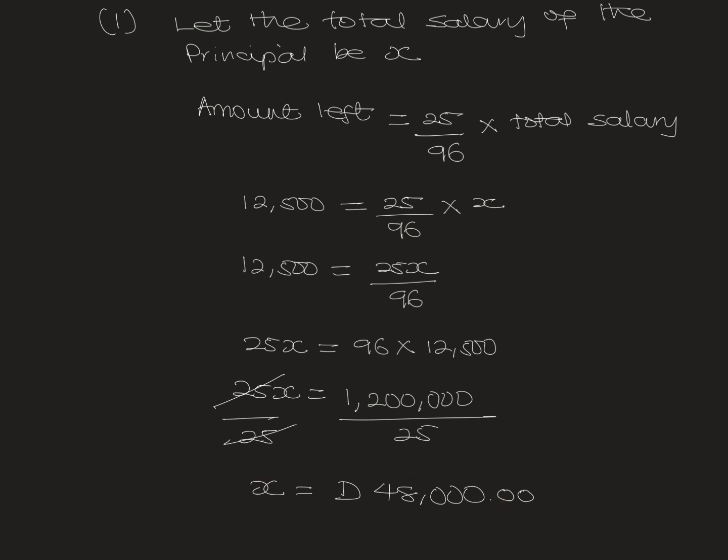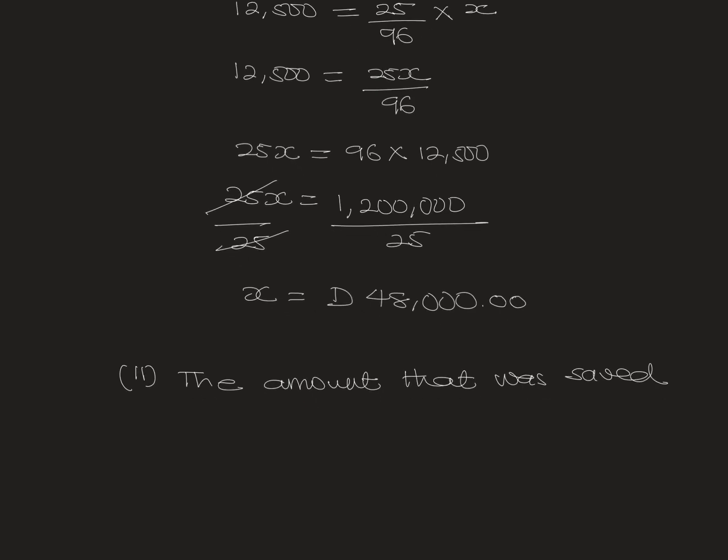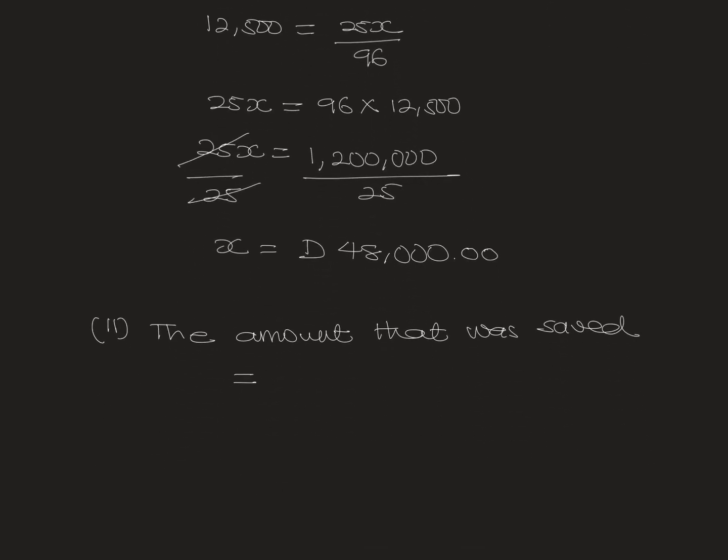Okay? Question 2, which asks us to calculate the amount that was saved from his salary. So the amount that was saved will be equal to the fraction of the salary that was saved, which was 5 over 32.